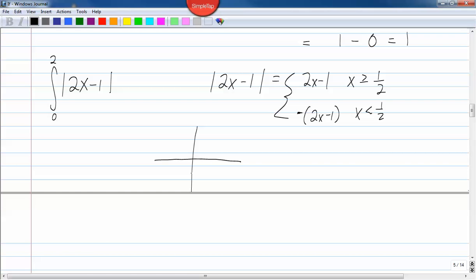We're not going to have these negative answers down here, or these negative points down here. We're just going to have the positive ones. But I'm going to draw it anyway, and I'll show you what the graph looks like. 2x minus 1 crosses at negative 1 and then has a slope of 2. So it's up 2 over 1, up 2 over 1. Okay, so it goes about like that.